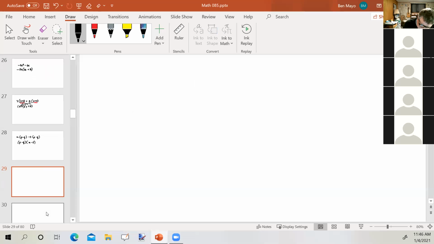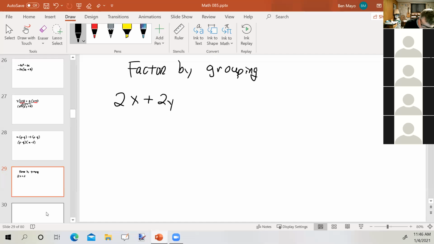New set of directions. It says factor by grouping. Okay, and we have this problem. 2x plus 2y plus ax plus ay. Now, if I look at all 4 terms, there is no greatest common factor other than just a plain old 1.